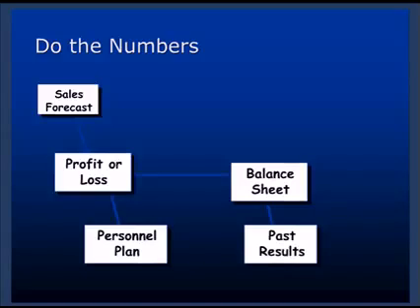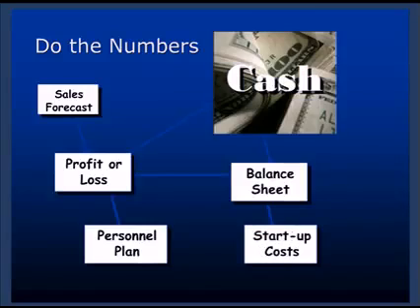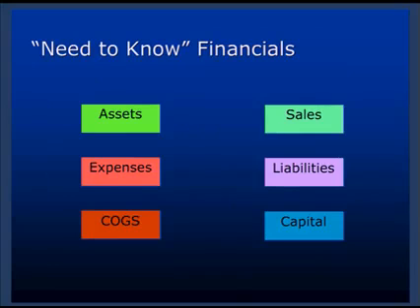All of this comes together in what is the most important component of the business plan, the cash plan or cash flow projection, also called pro forma cash flow. These various elements of information come together to help you project the most important resource you have, which is cash, money to spend. Your financials are built on just a few key concepts that you need to know.